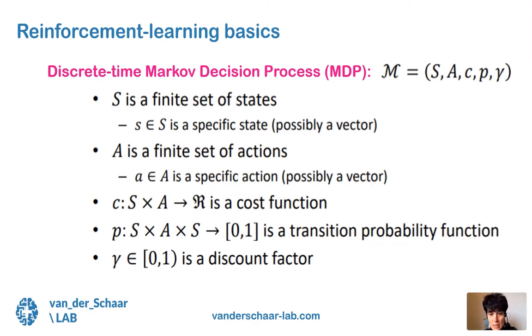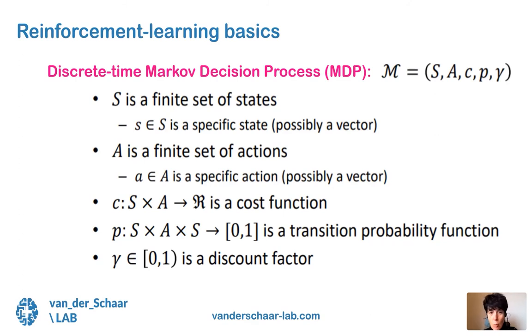And we have utilities or cost functions, C, which are associated with taking a particular action A in a particular state S. We also have a dynamic environment where the probabilities of changing to a new state, given that we are in a current state S and choose an action A, are synthesized by the transition probability function P.